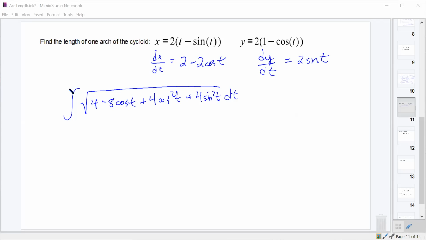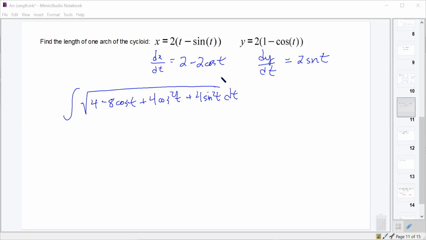No discontinuities, and we might have a cusp if we had a hole in our derivative dy/dx, but 2 sine t and 2 minus 2 cosine t are never going to be equal at the same values.